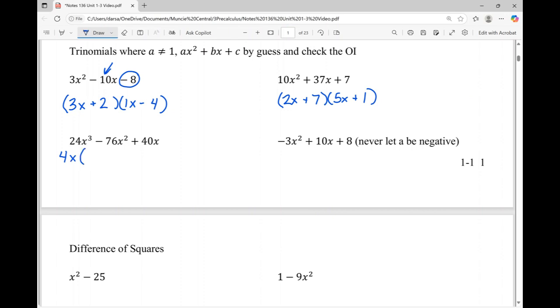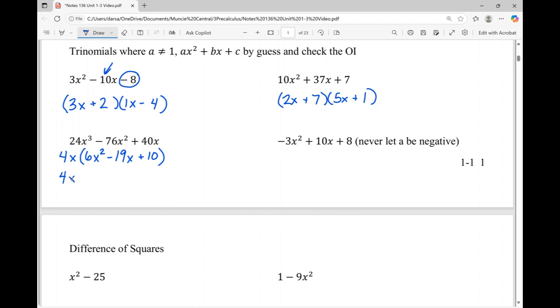And when we do that, this looks a little bit more manageable because 24 divided by 4 is 6. 76 divided by 4 is 19, and 40 divided by 4 is 10. So this is going to factor down into something a little bit prettier this way.